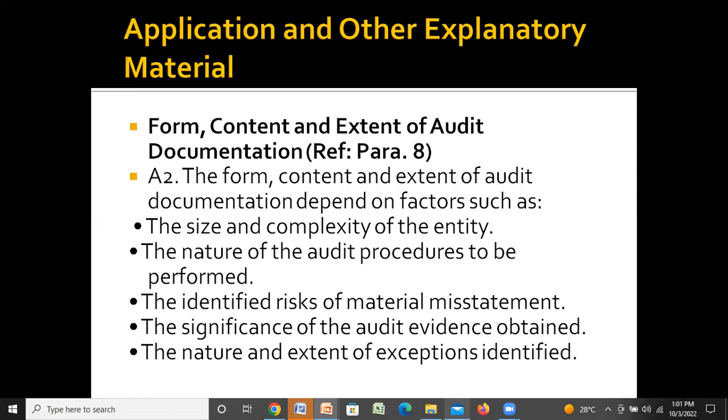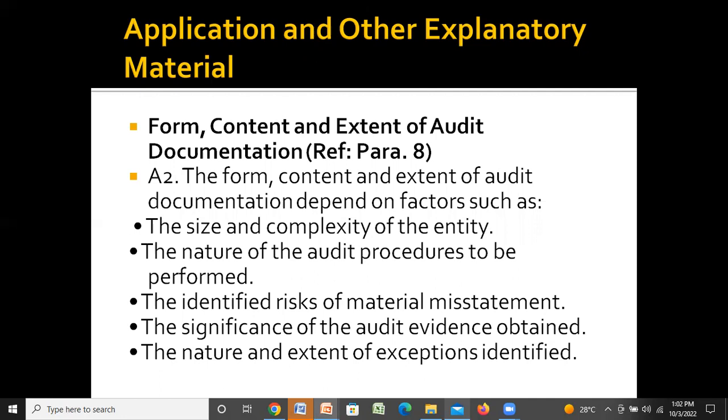So A8.2, form, content, and extent of audit documentation, which is meant to strengthen paragraph 8 of the standard. The form, content, and extent of audit documentation depend on factors such as the size and complexity of the audit. All right. So the extent of documentation you will gather depends on the size and complexity of the audit client. Okay.